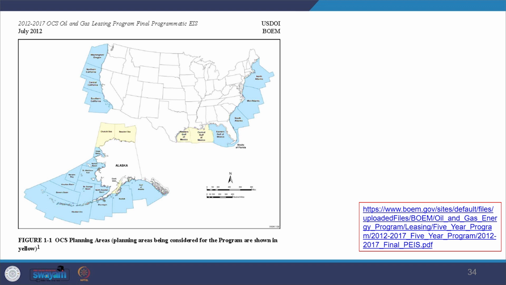They would be looking at direct impact, indirect impact, as well as cumulative impact within this SEA. And then they would be looking at the proposed action as well as the alternatives.